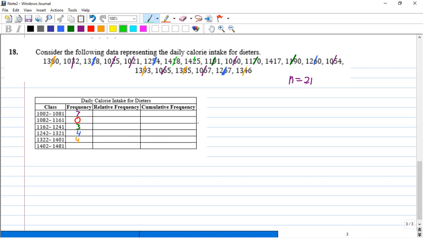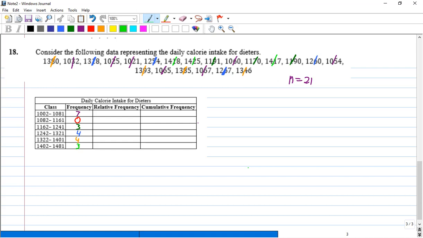That's 1, 2, 3. And now to double check, you can add these numbers up. It's 10, 10 and 8. 10 and 8 is 18, plus 3 is 21. So I'd always add them all up, make sure you get the same number of total items.